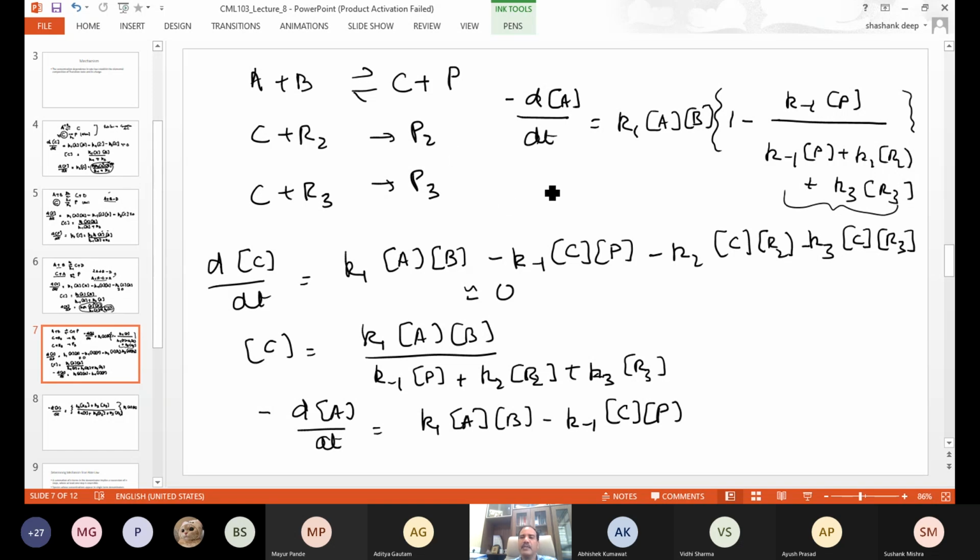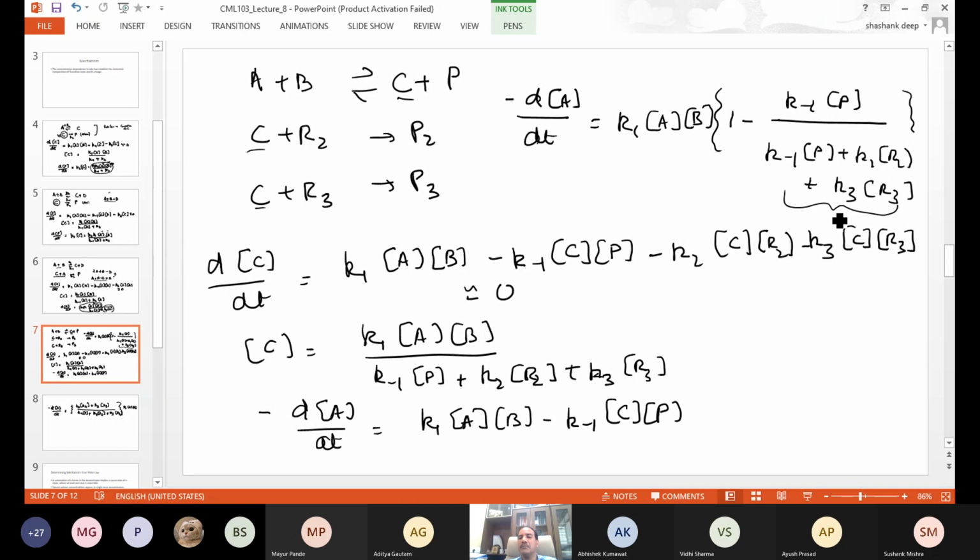So there is another way to tell this. If you get something like that, it means your intermediate is reacting with P. So what is your intermediate in this? C is the intermediate, right? This is reacting with P, this will react with R2, and this will react with R3.